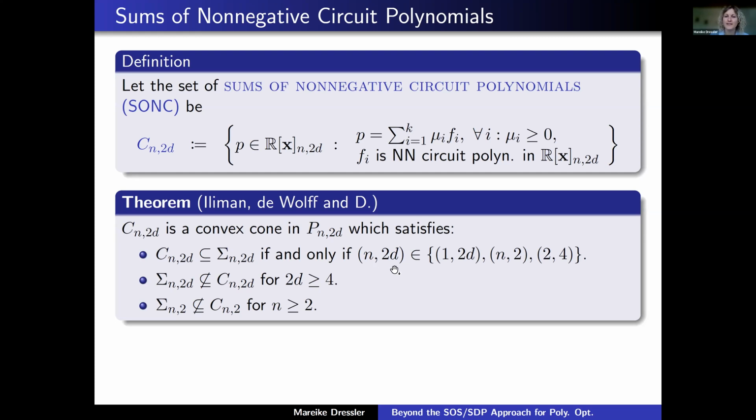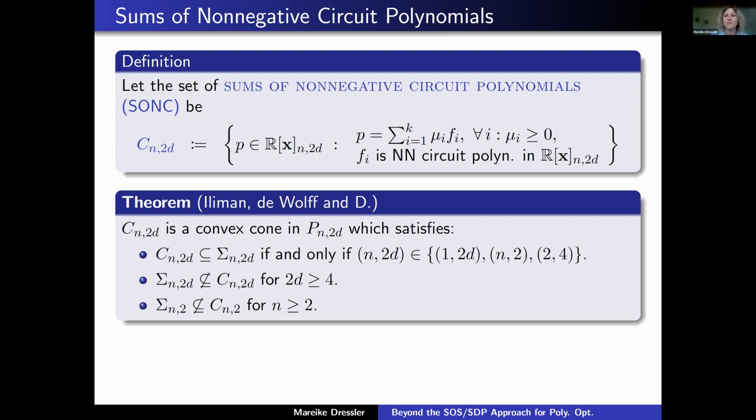But in all other cases, this is not the case, so to say, we find SONC polynomials that are not sums of squares. Think about the Motzkin polynomial. This is an instance of a polynomial that is SONC, but not SOS.